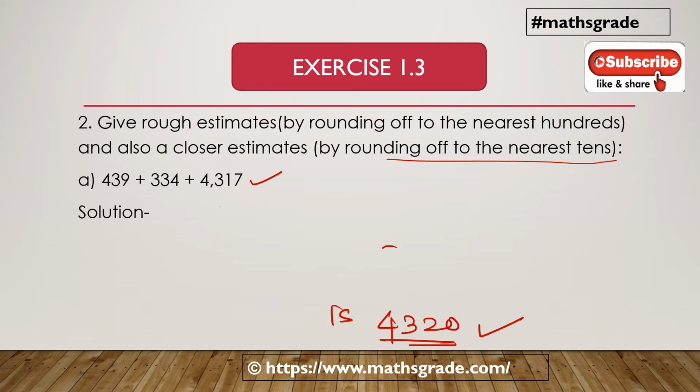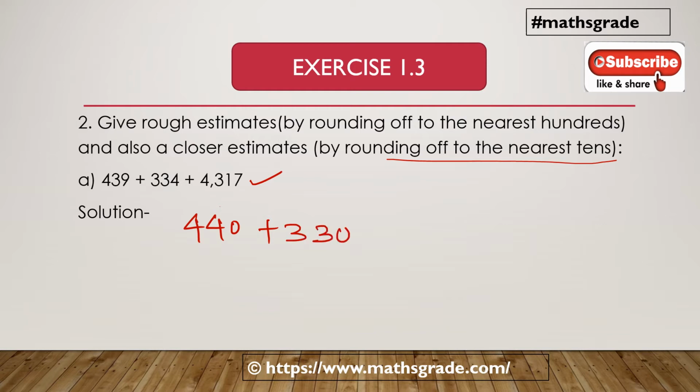Now we estimate this sum, that is 439 plus 334 plus 4317. We rounded off 439 to the nearest 10 and got 440, 334 rounded off to the nearest 10 we got 330, and 4317 rounded off to the nearest 10 we got 4320.